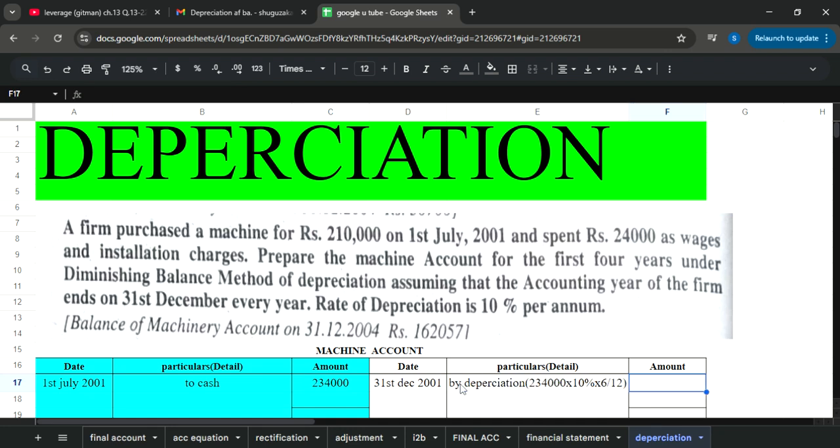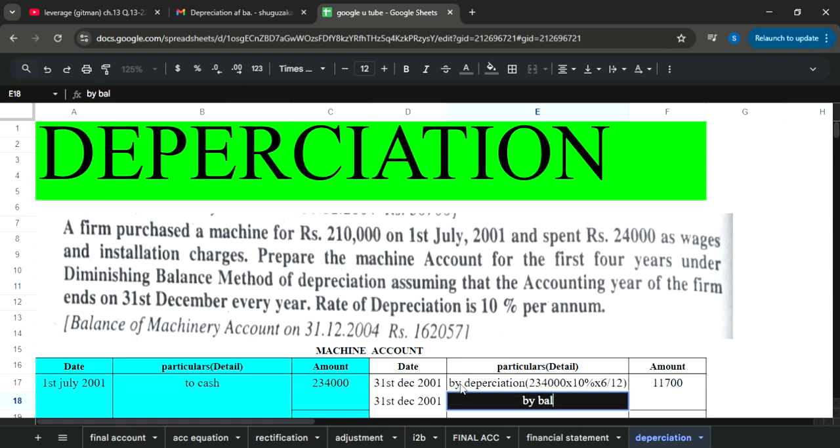Once more, 234,000 was the value of asset, multiply by 10 divided by 100 and multiply by 6 divided by 12 to calculate depreciation for 6 months. Now it's time to calculate our balance. Date would be similar written over here. How you will calculate balance?